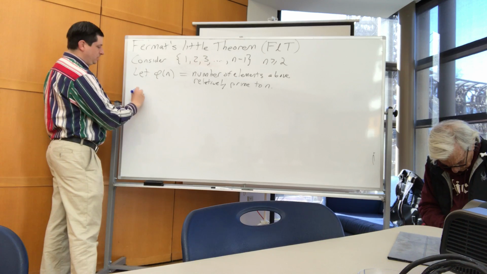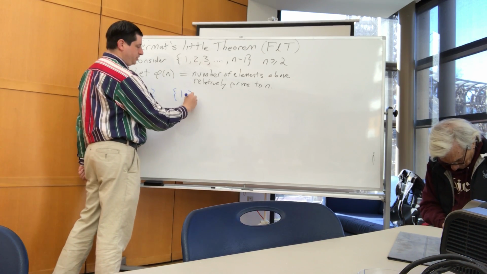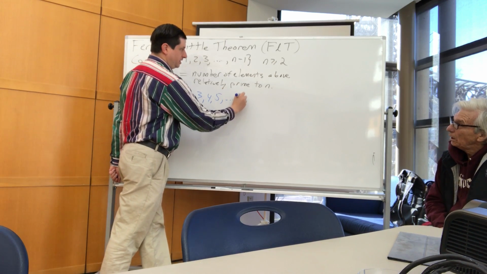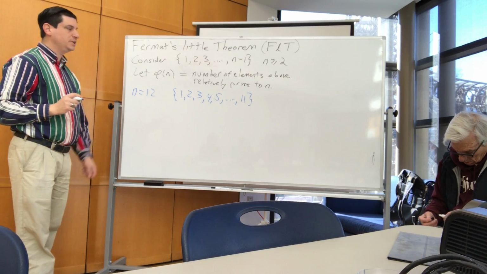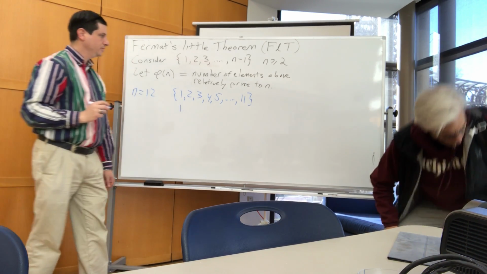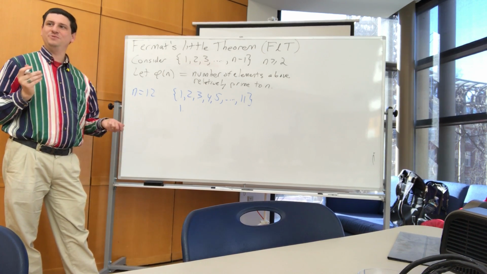So if we take n equals 12, we would have our set 1, 2, 3, 4, 5, ..., 11. And then I want to know which numbers are relatively prime. So 1 shares, well, what's the definition of relatively prime?